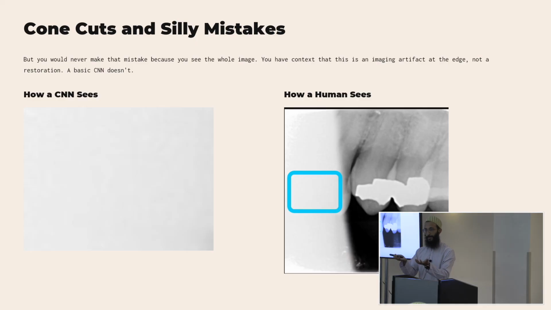We were just showing people, look what the AI can do. Oftentimes it would throw a bunch of detections here that said, you have a bunch of metal fillings right here. And we just got laughed out of the room by dentists, right? Because it's obviously very clearly not. But the neural network has no idea of context. And that's a fundamental limitation of this specific model.